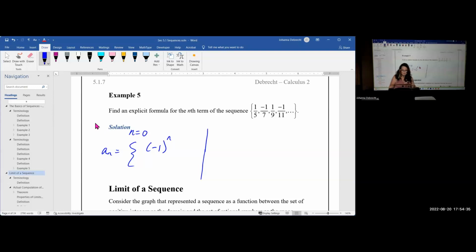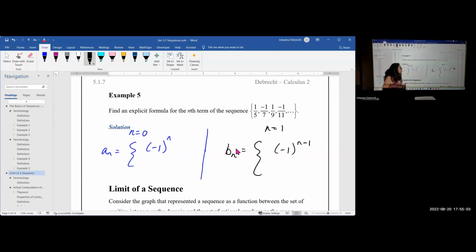Now, what if I were starting with n=1? If I were starting with n=1, then that wouldn't work, because then -1 to the first would give me an odd power, and then it would be negative, which is not matching the list of numbers. So I either need to subtract 1 or add 1 to that exponent, and either version will work.